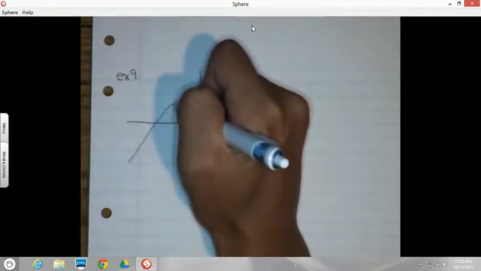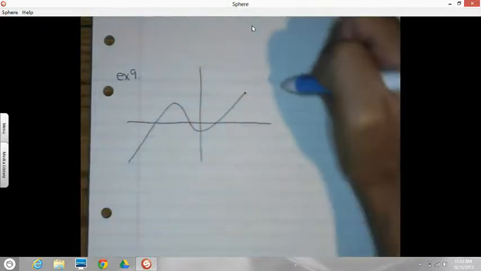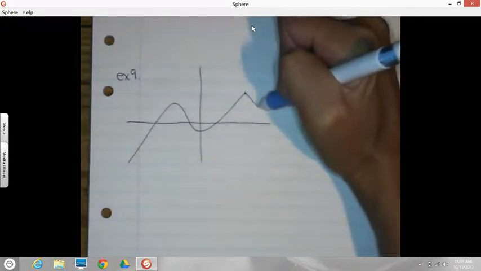I'm going to give you a function, and I want you to be able to sketch a reasonable graph of the derivative without the equation. And this graph is going to be a piecewise. It's a cubic with a linear.